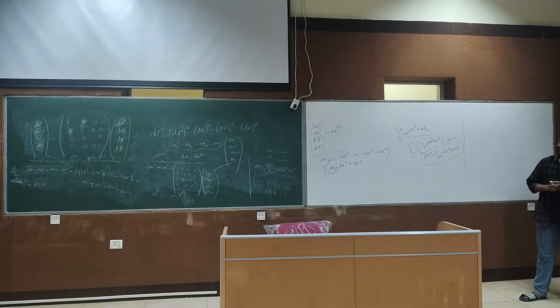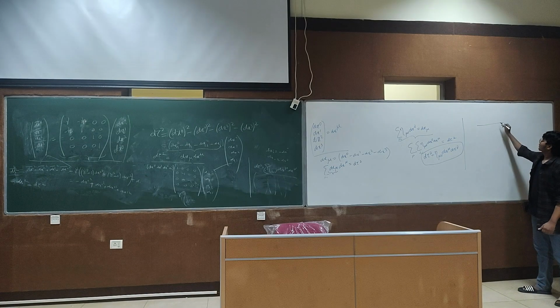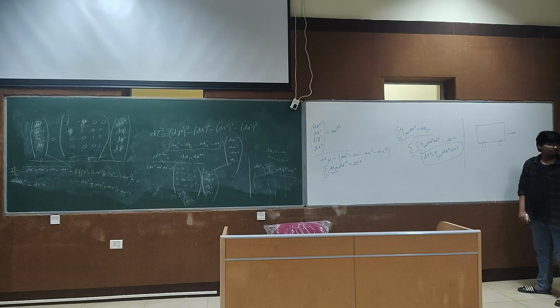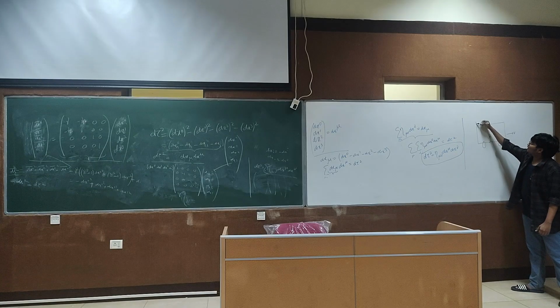Okay, so imagine you are on a train going at a speed v. You are inside the train. Fine? And there is a light source exactly in the middle of the train. Let's say the length of the train is 2L.